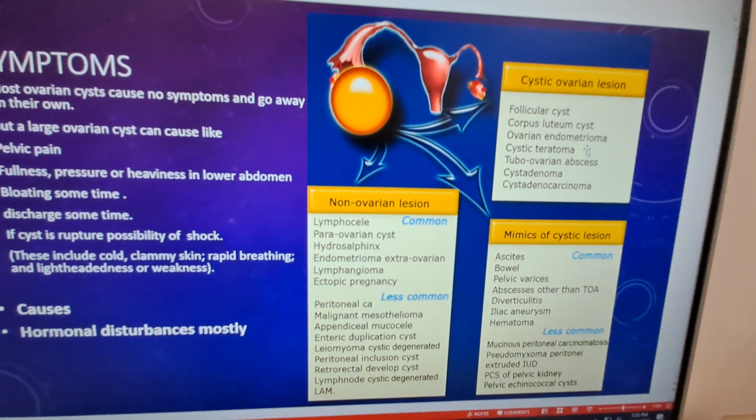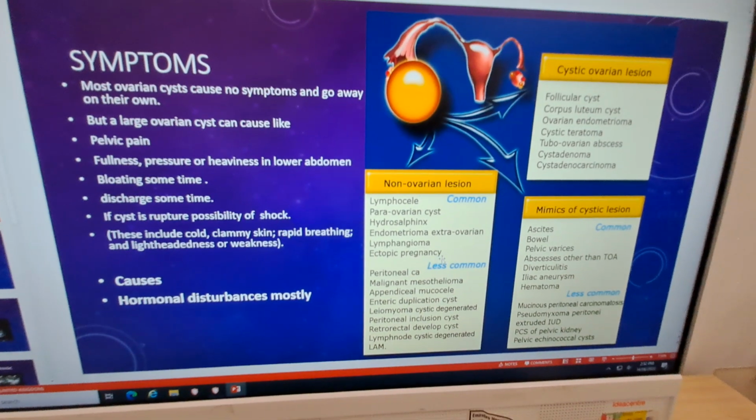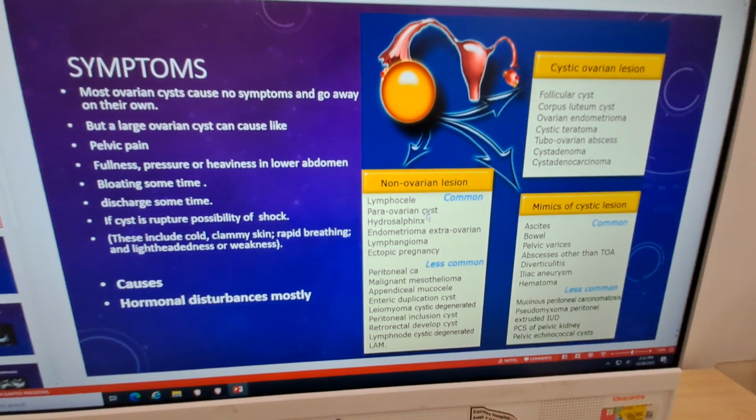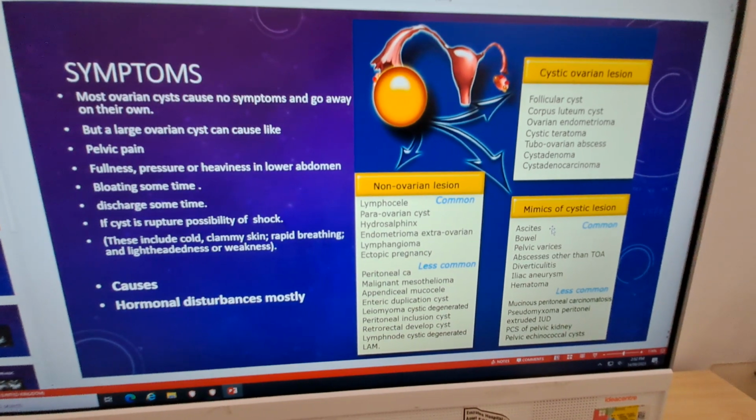Now we have to discuss the non-ovarian causes and the complications related to the ovaries.